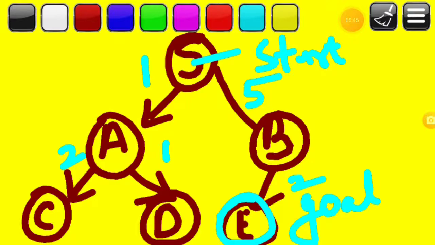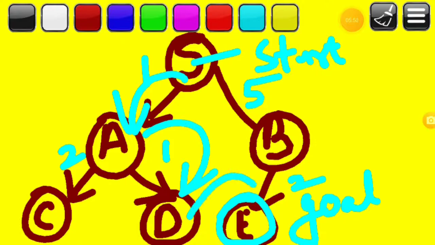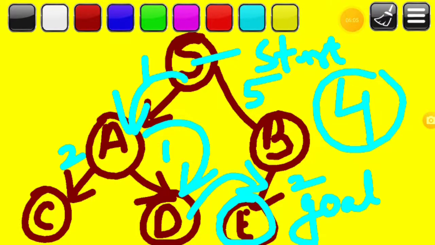First I come to A, after coming to A I go to D, and at D I go to E. So what will be the total cost? 1 plus 1 plus 2. So my total cost will be 4.